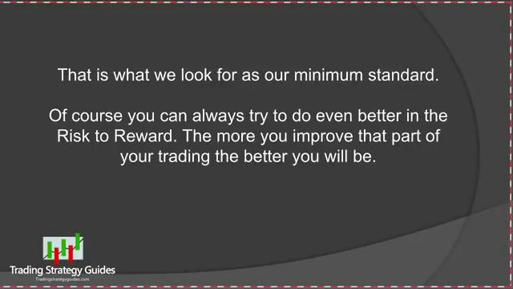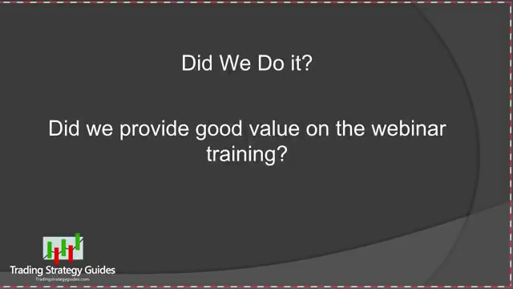But the minimum needs to be 2 to 1, and I would just try that to get started. Just try the 2 to 1s, hit a few of those, and then once you get good at it, you keep expanding. So that is the basics of the strategy.